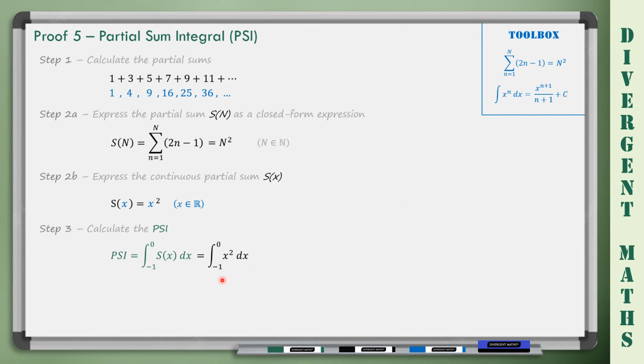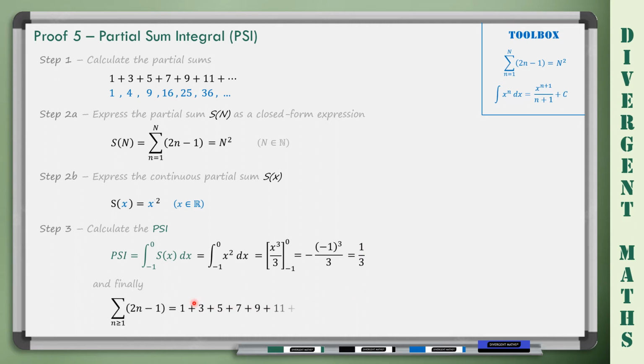But because we have bounds of integration here, -1 and 0, the constant will cancel itself out. So we only bother about x to the n plus 1 over n plus 1, which is, in that case, x cubed over 3, integrated from -1 to 0. For 0, it's 0 minus -1 to the cube divided by 3. The negative signs cancel each other out, and we're left with 1/3.